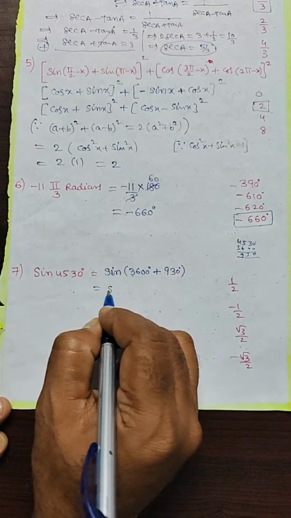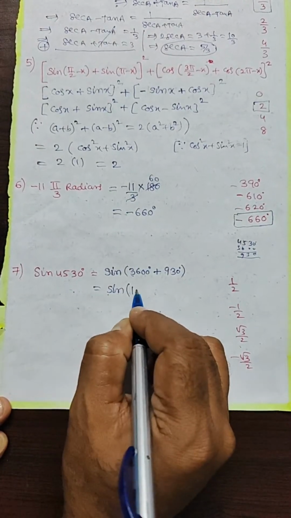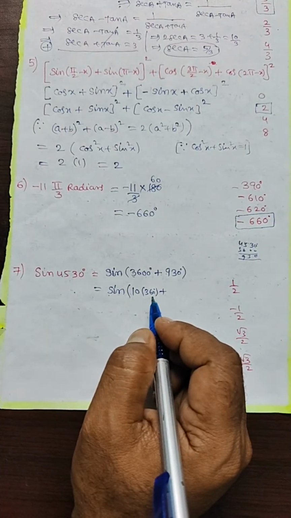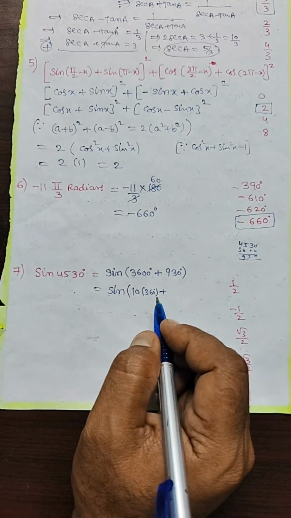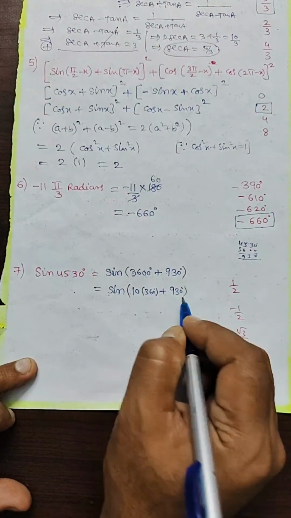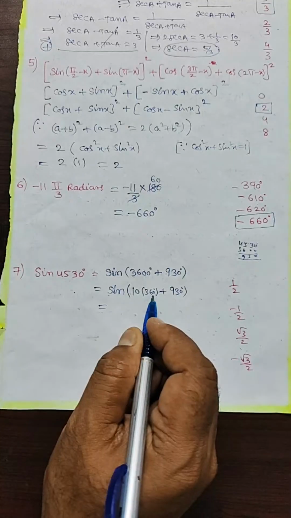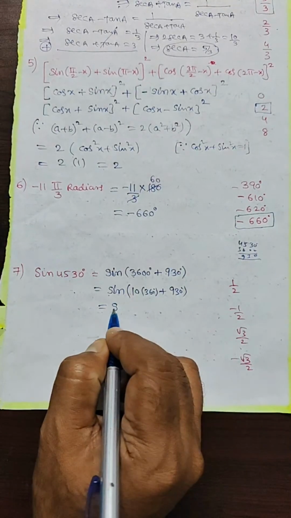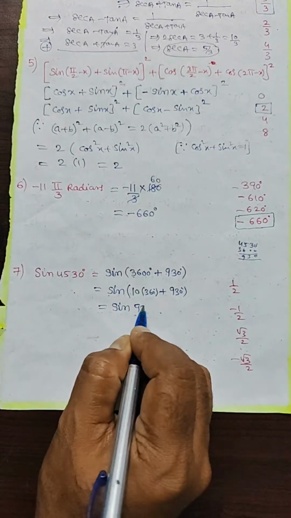So that can be written as sine of 10 times 360 plus 930, but whenever you are writing 10 times of 360 plus, it is even only, no? So it will become sine 930 degrees.